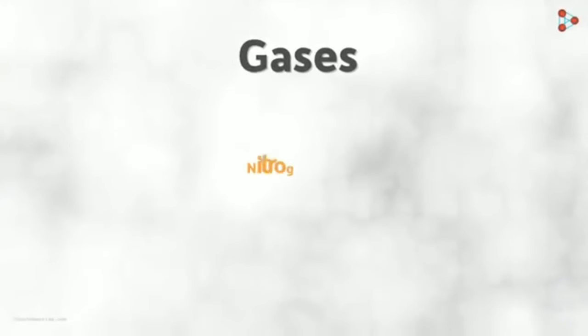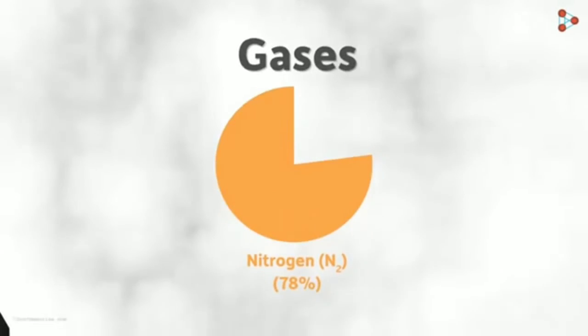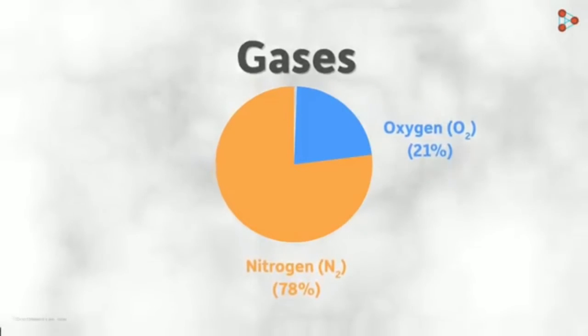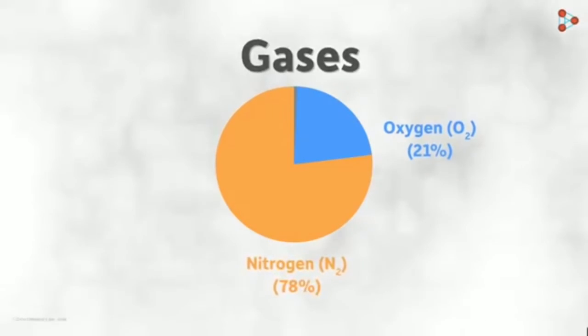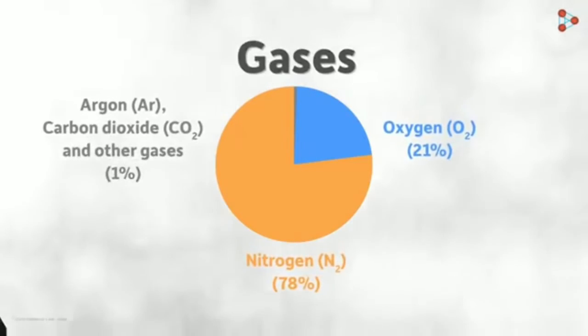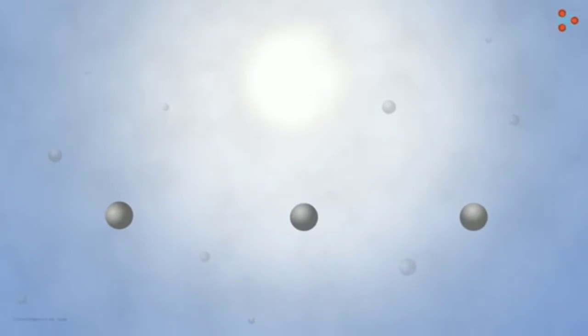Among the gases, nitrogen is present in abundant quantity at around 78%. It is followed by oxygen, which is approximately 21%, and the remaining is filled with the likes of argon, carbon dioxide, and other gases.